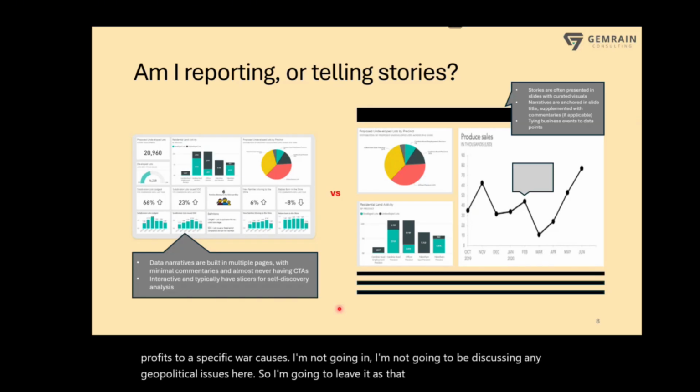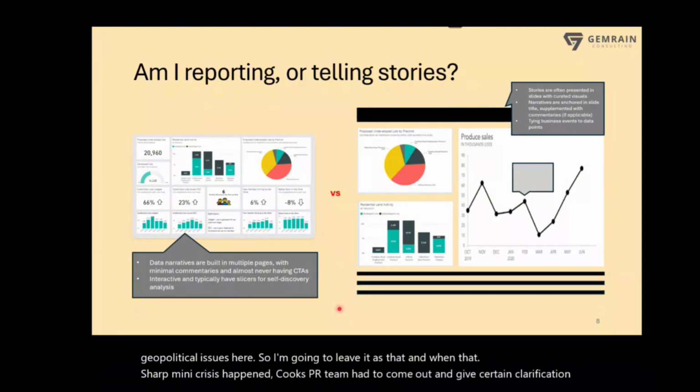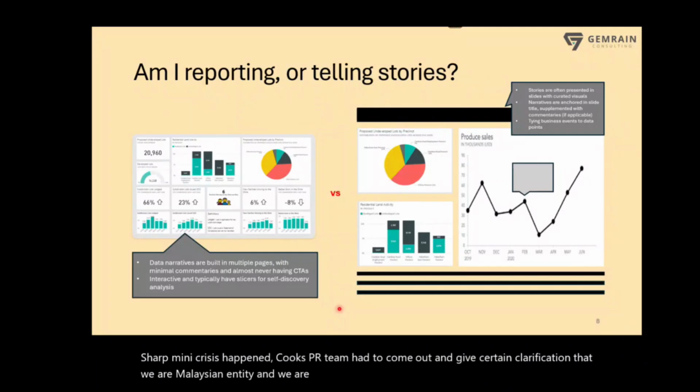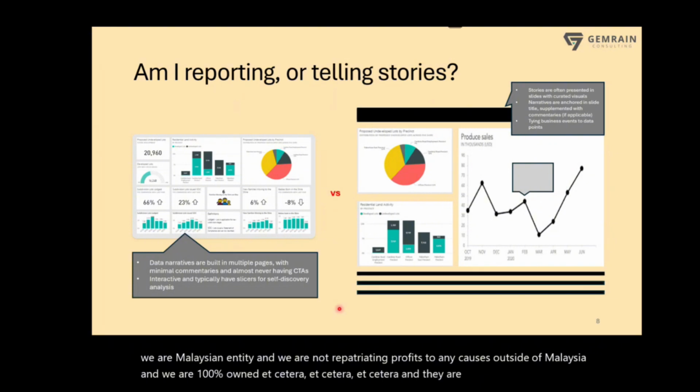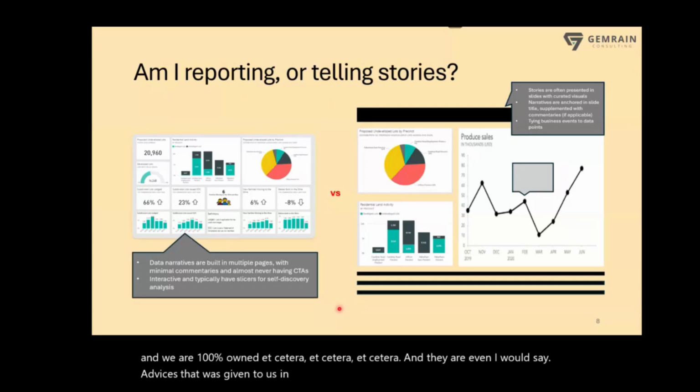And when that short mini crisis happened, Coke's PR team had to come out and give certain clarification that we are a Malaysian entity and we are not repatriating profits to any causes outside of Malaysia, and we are 100% owned, etc., etc., etc. And there were even advices given to us in the team that salespeople try not to wear Coke t-shirts even though they are representing Coke.